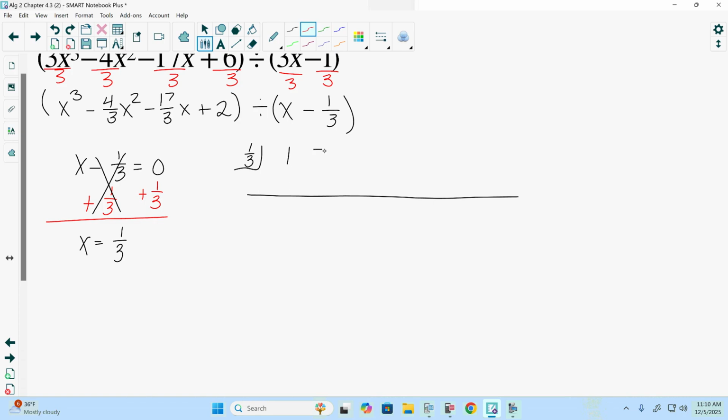Across the top, we'd have 1, negative 4/3, negative 17/3, 2, we bring down the 1. Now the first thing we're going to do is multiply 1/3 and 1.